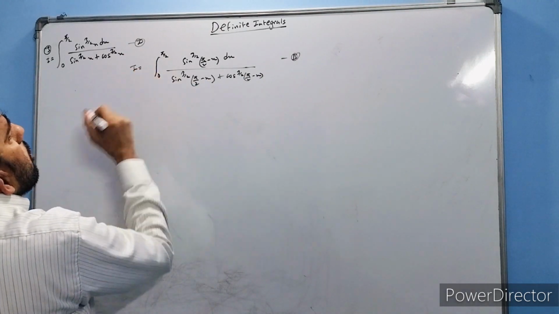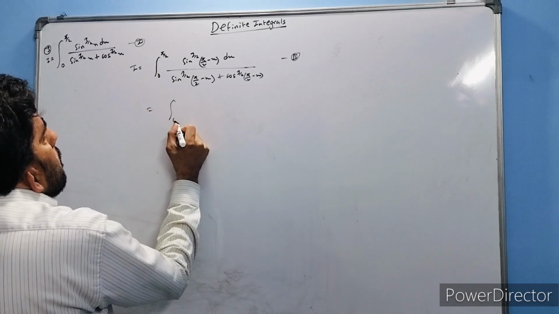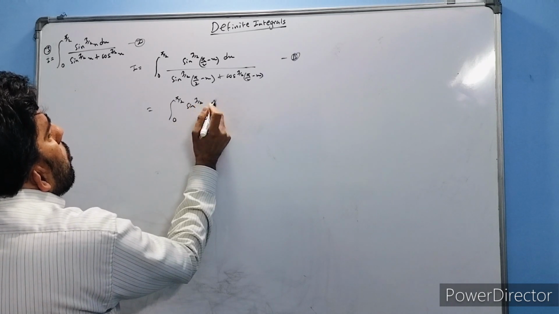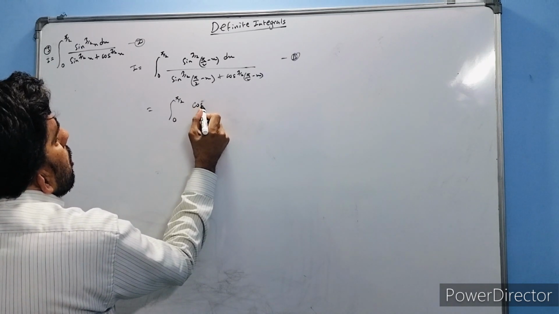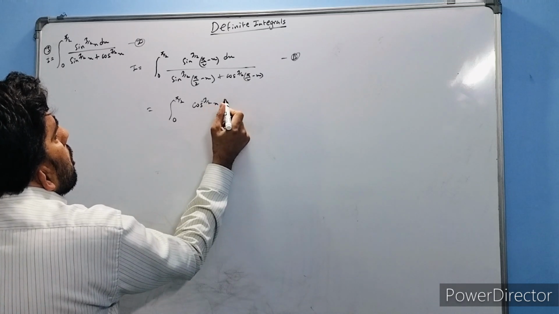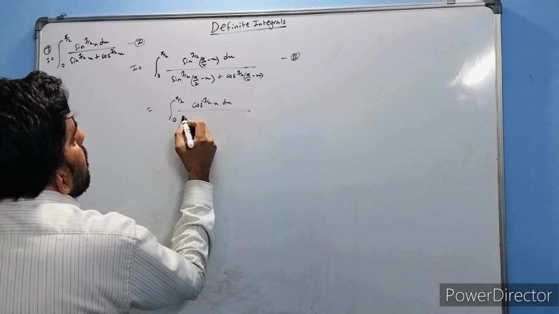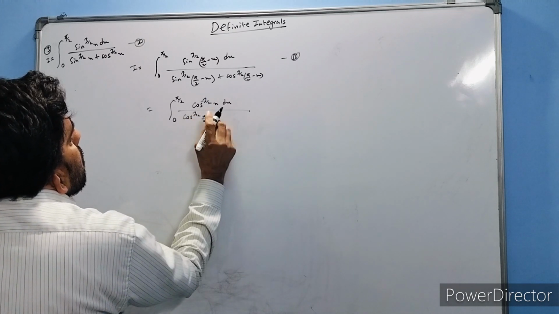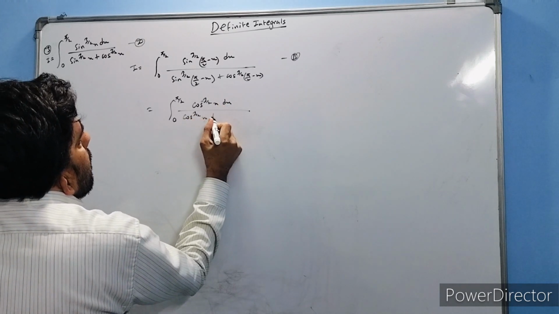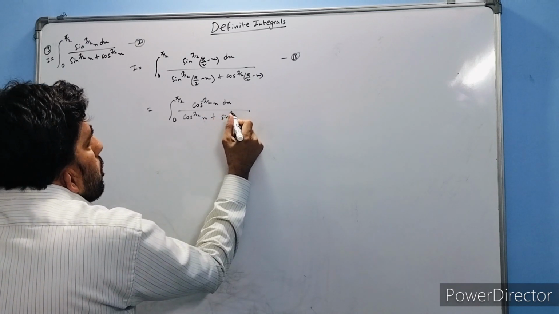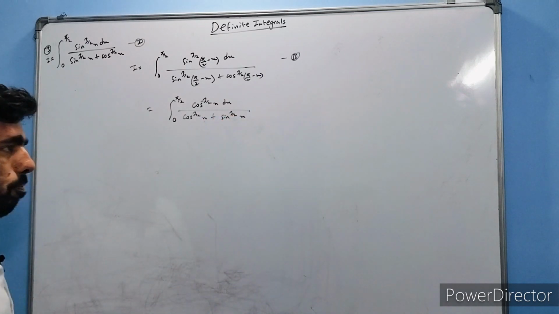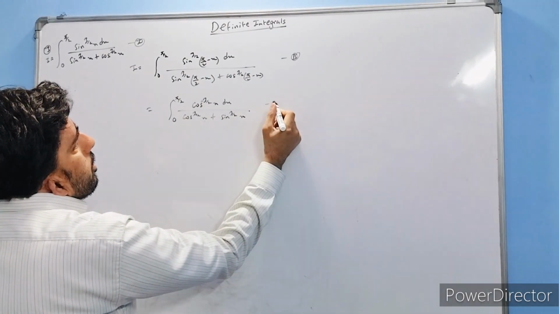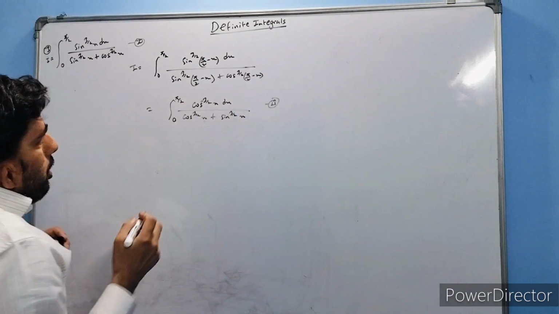Now what will happen? It will be cos^(3/2) x dx upon cos^(3/2) x plus sin^(3/2) x. This is the second.